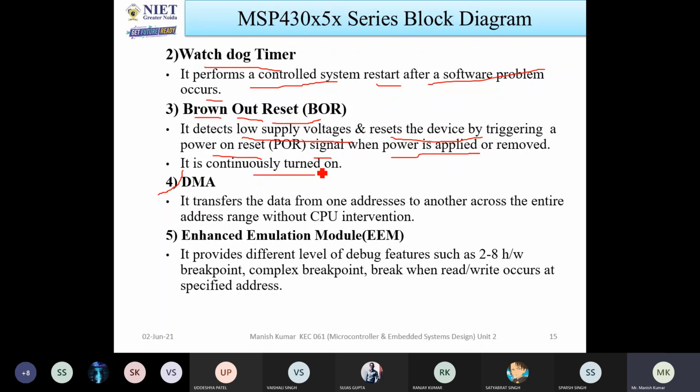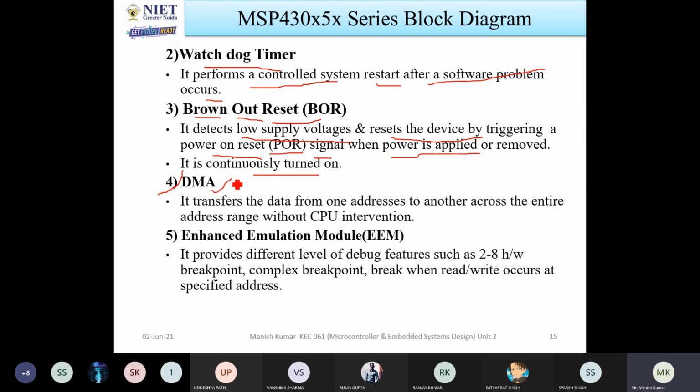The BOR circuit is continuously turned on, and when low supply voltage occurs, it will trigger one POR signal. POR is called the power on reset signal. मतलब क्या हुआ कि जैसे ही सप्लाई वोल्टेज लो होगा, BOR क्या करेगा, ट्रिगर करेगा POR को. ठीक है, POR सिस्टम को शट डाउन करेगा. ठीक है, that is called power on reset, and it is always continuously turned on.